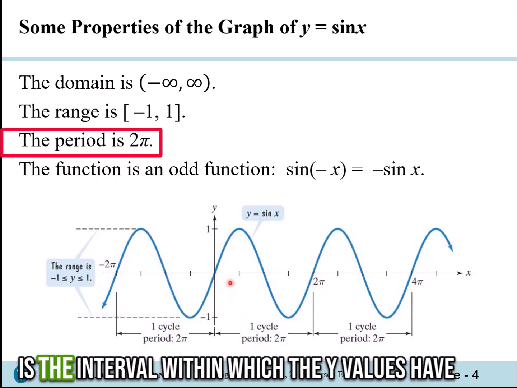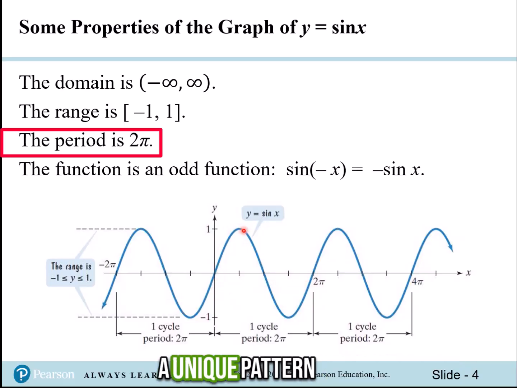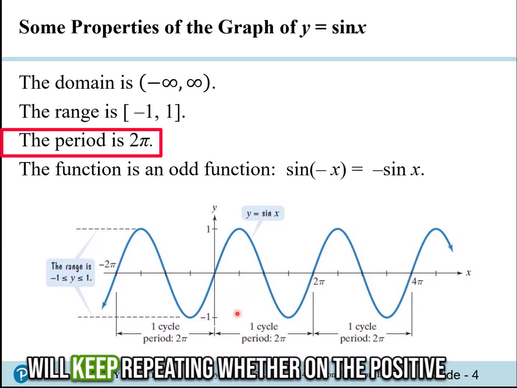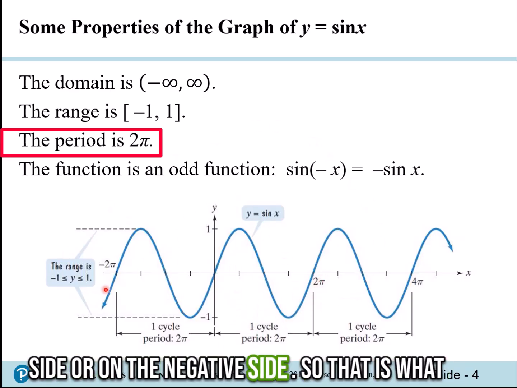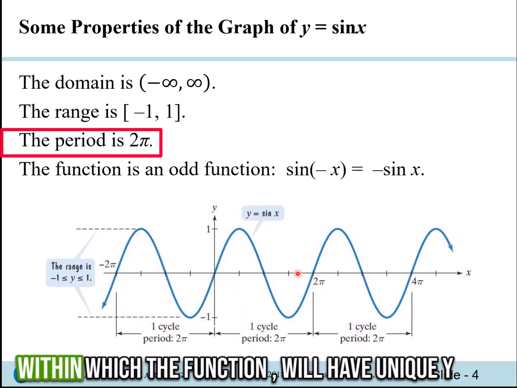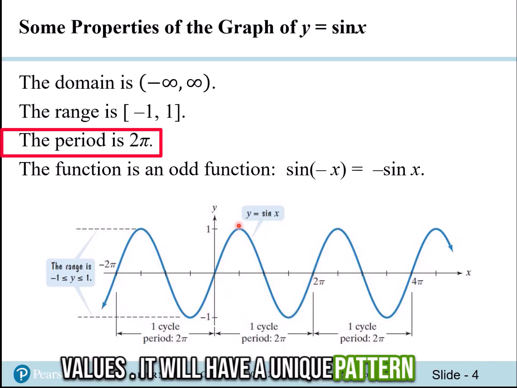It is the interval within which the y values have a unique pattern. After every 2 pi period interval, the y values will keep repeating, whether on the positive side or on the negative side. So that is what the period of a function is. It is the interval within which the function will have unique y values. It will have a unique pattern.